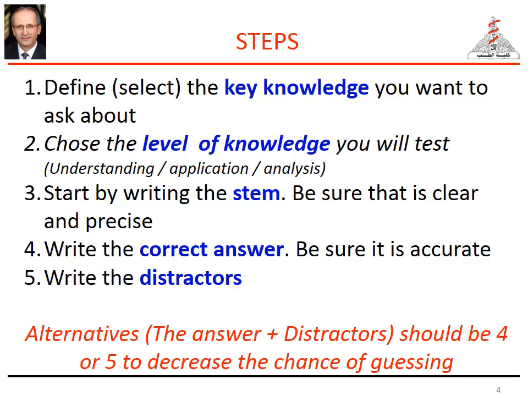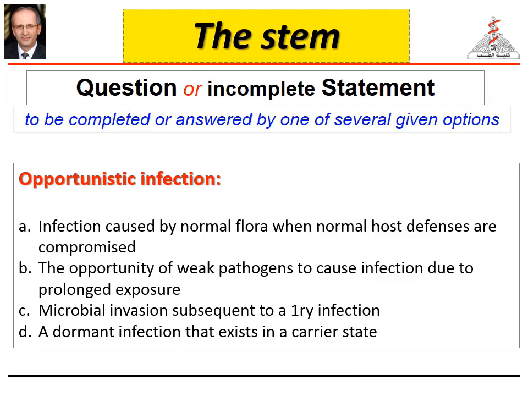Now, we will take them one by one, and for each component, we will start with a common mistake that you should avoid, then we'll show you how to correct it. The stem. The stem can either be a question or an incomplete statement to be answered or completed by one of several given options. What do you think about this stem? Opportunistic infection.